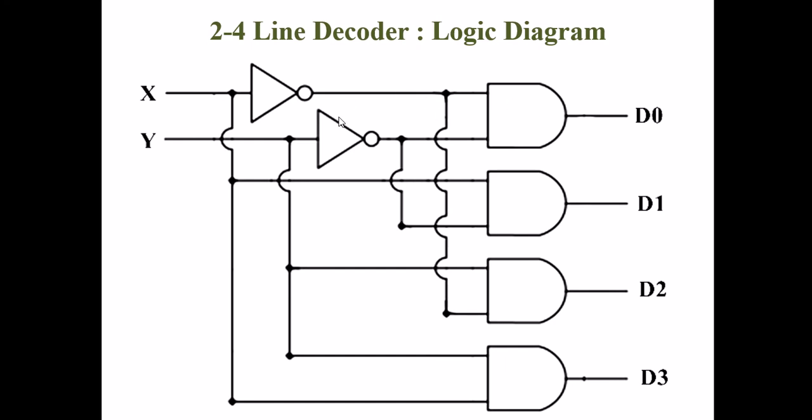Here you can see D naught is x complement y complement, D1 is x complement y, D2 is x y complement.